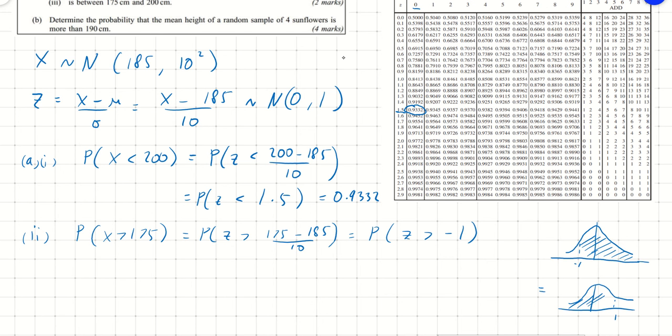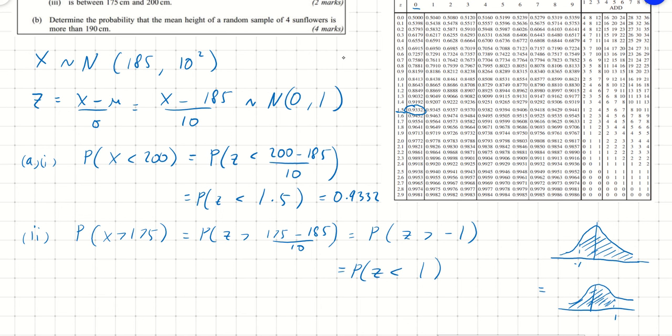It's the same area as this one. It's just a symmetrical version. So P(z greater than minus 1) is the same as the probability that z is less than plus 1. And these are the numbers. P(z less than 1).